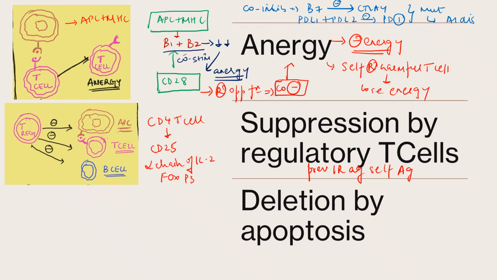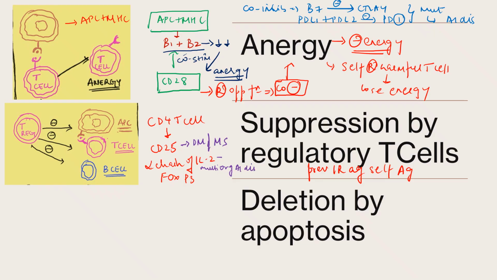Now whenever there is a mutation of CD25, it can cause diabetes mellitus or multiple sclerosis. Similarly, mutation in the alpha chain of the IL-2 receptor can cause multi-organ autoimmune disease.